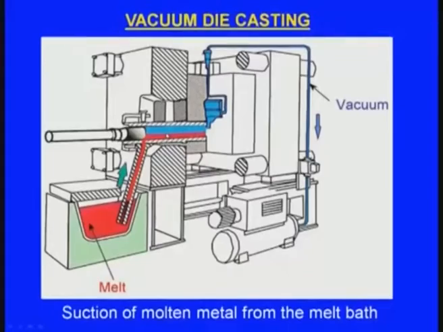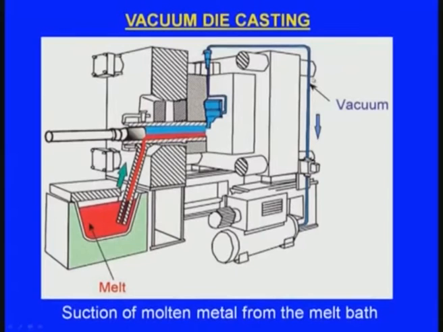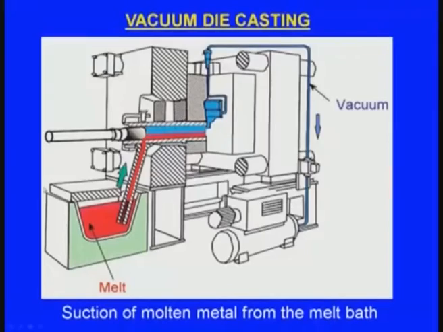Here, the molten metal enters into the cavity because of the vacuum that we apply. There will be a vacuum pump, you can see here. This vacuum line comes here, and it is applied to these dies. Now, as the vacuum is causing suction, what will happen? The molten metal will automatically enter into the mould cavity.